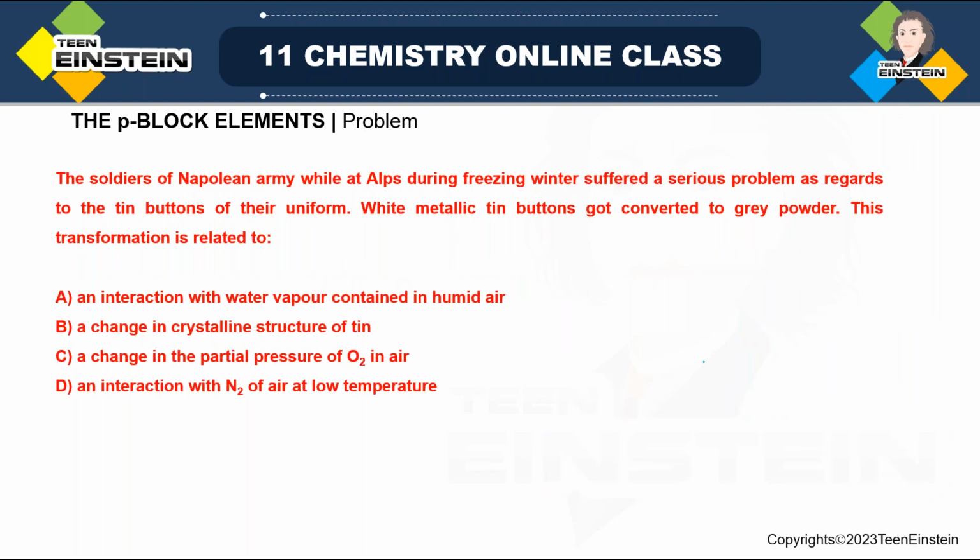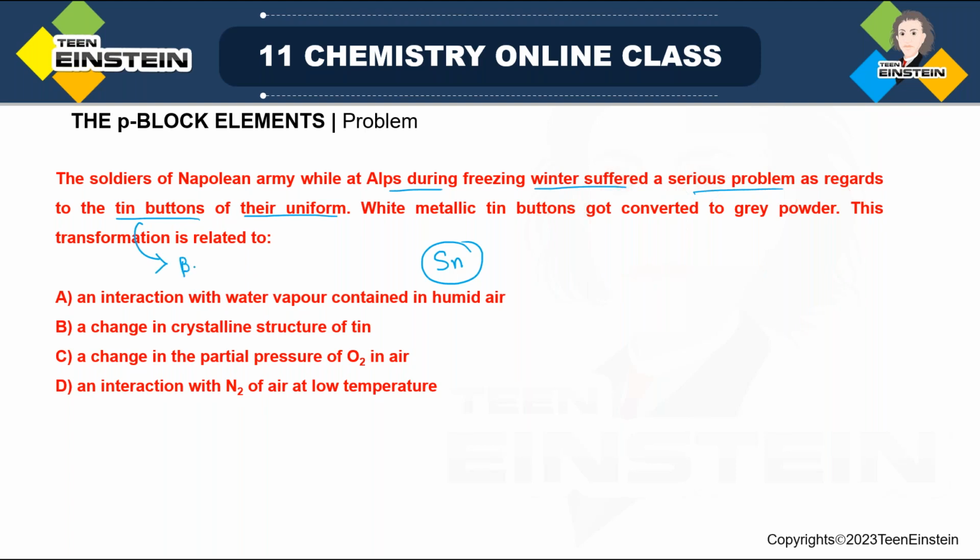Next problem. This problem is based on the allotropes of tin. The soldiers of Napoleon's army, while at the Alps during freezing winter, suffered a serious problem with the tin buttons of their uniform. Tin buttons present in the uniform means what? It is obviously the metallic form, the ductile form, right?